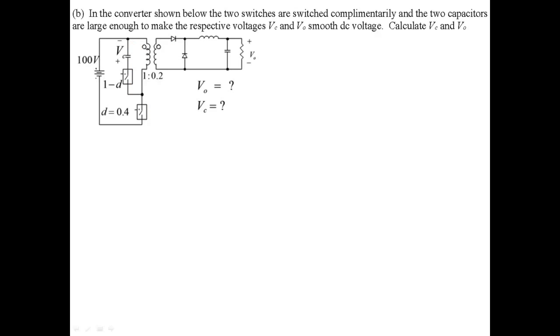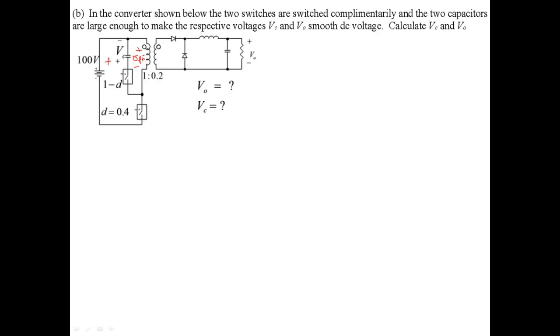The primary winding voltage would be V in during the DTs period when the switch is on, and negative VC during the off interval, because we are applying the positively marked terminal here to the undotted end, and negative to the dotted end. We are going to define V primary with this polarity.